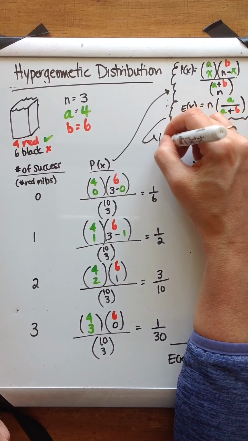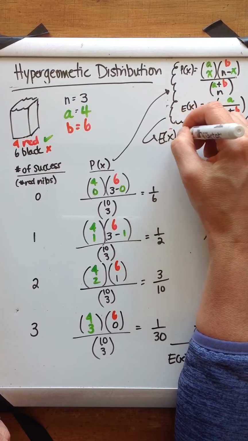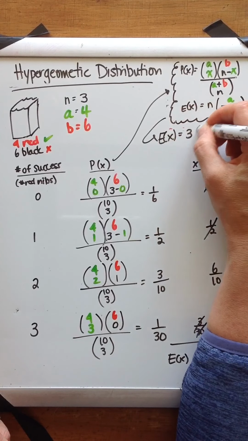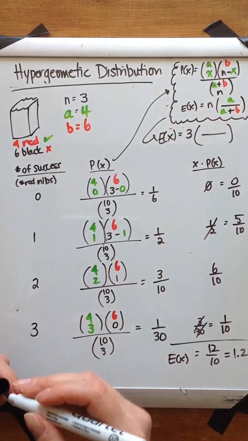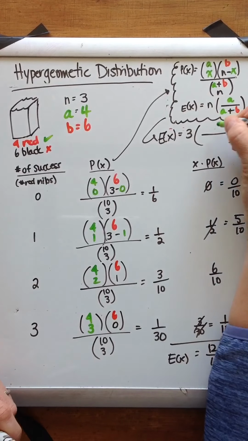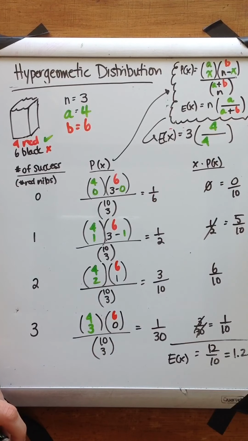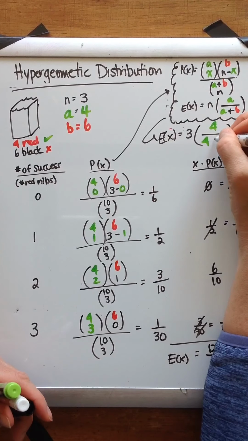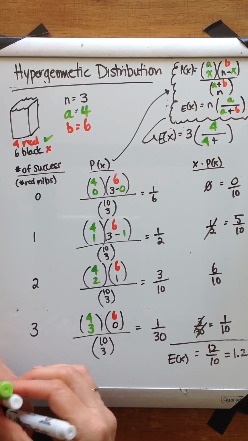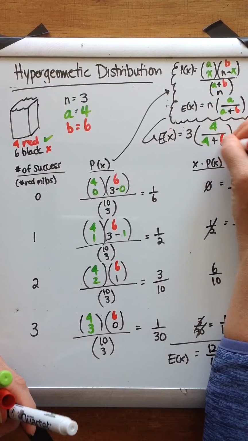So it is equal to our number of trials, which was 3, times our opportunities for success, which there were 4, over our total number of opportunities, which is, of course, 10. 4 successful and 6 unsuccessful.